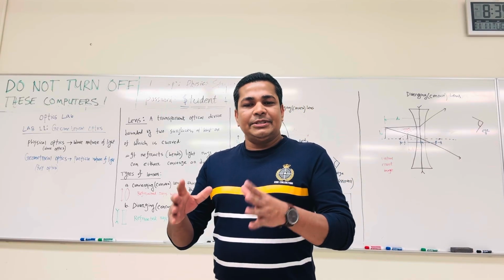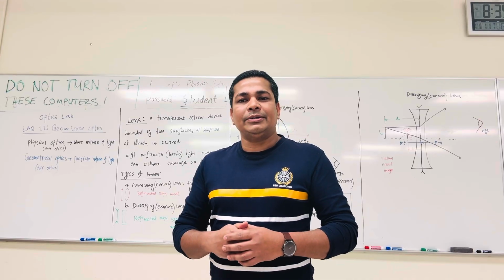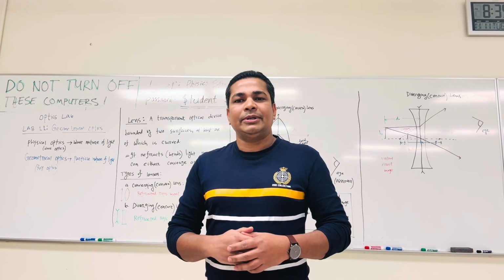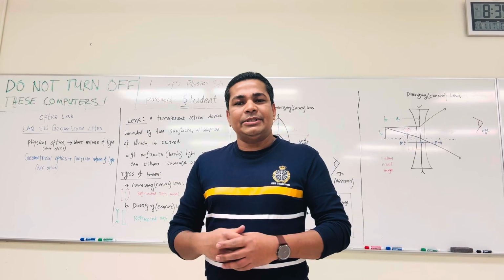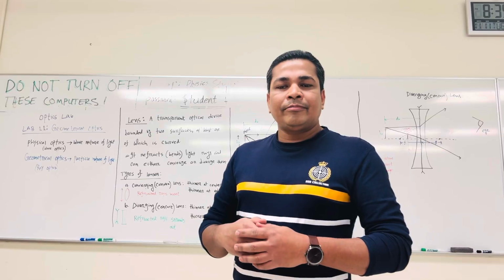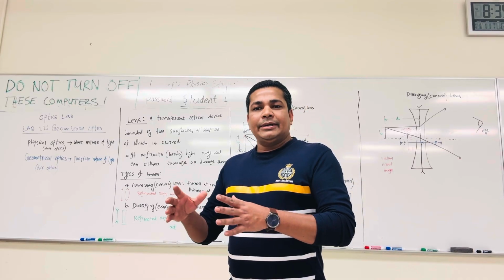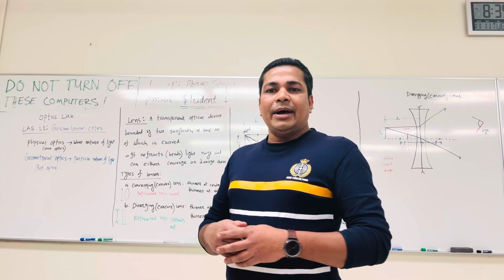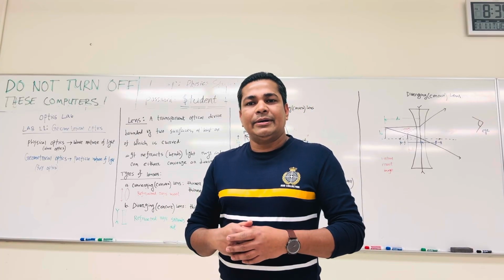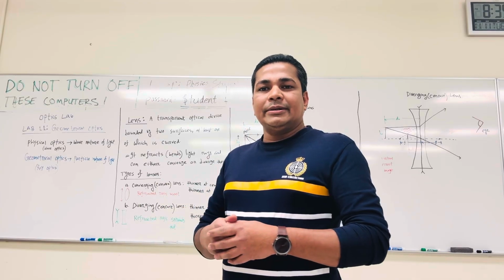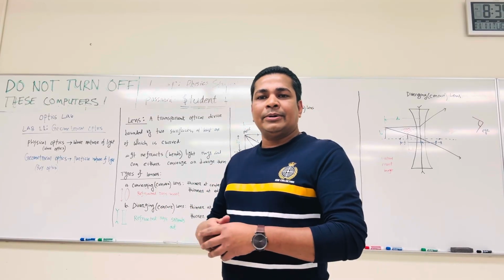So this physical optics is also called wave optics, because in physical optics, light is treated as a wave. On the other hand, in geometrical optics, light is treated as a particle. It explains the particle behavior of light.